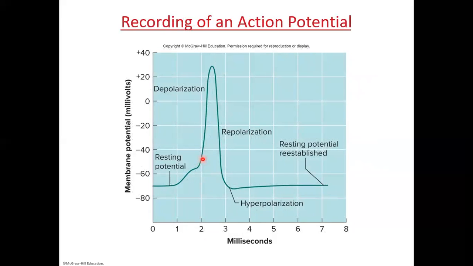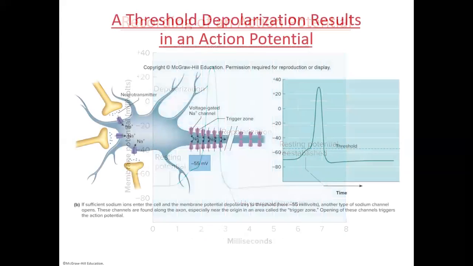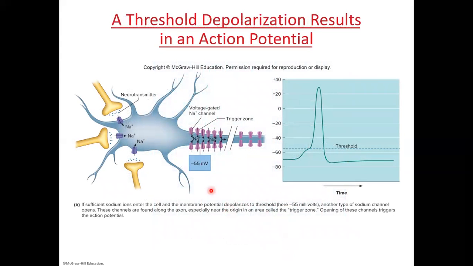In less than half of a millisecond, you get this depolarization. And then another half of a millisecond, you get the repolarization, and then down into hyperpolarization until you get the resting potential being reestablished. And this is just putting the 2 together so you could see.